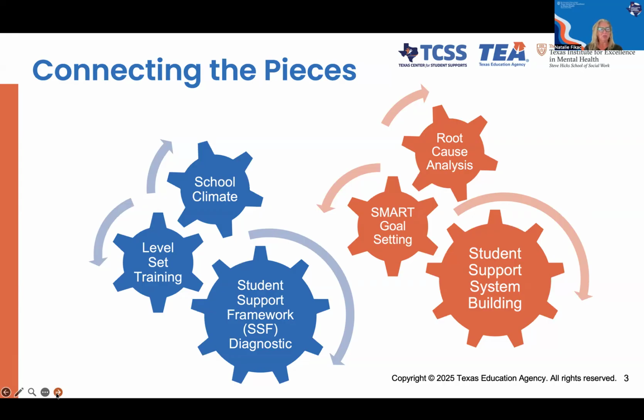Today, we're going to take a closer look at what a root cause analysis is and how root causes are related to the development of SMART goals. This work will set the stage for your team to clarify your priorities and decide on or clarify the strategies within your change plan and get to the important work of student support system building.